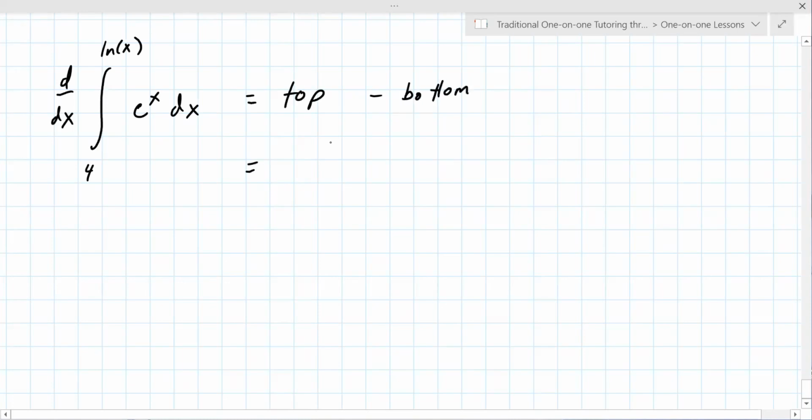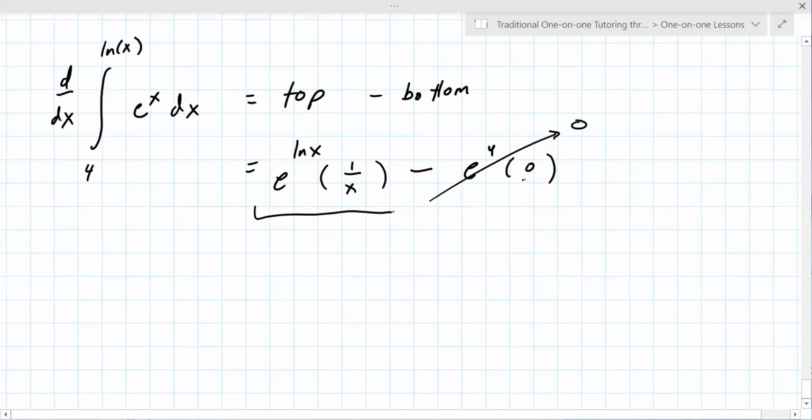So let's do the top: e to the natural log of x times the derivative of natural log of x, which is 1 over x. Good. Minus, you put this in here, e to the 4th, times the derivative of 4. The derivative of 4 is 0, and anything times 0 is 0. So this whole thing goes away. That's why you've just been focusing on this.